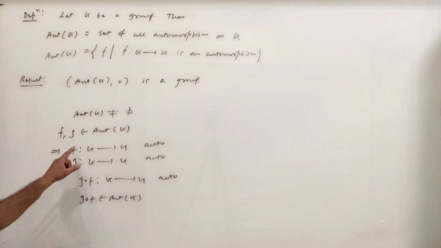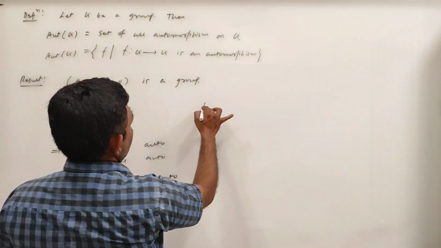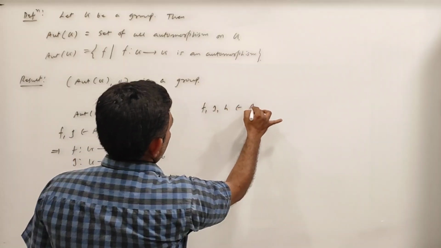So the first property, closure, is satisfied. Now the second one, associativity. You take any three elements f, g and h from Aut(G).